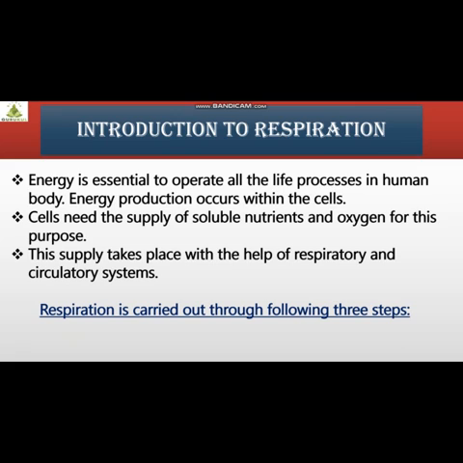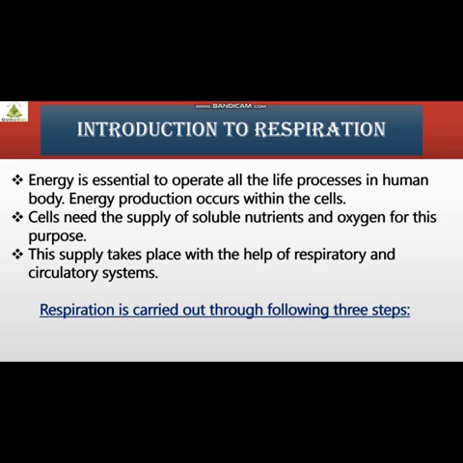Cells need the supply of soluble nutrients and oxygen for this purpose. For the cells to carry out this energy production, what materials do they need? They need soluble nutrients and oxygen. Now, from where do they get these materials? Students, this supply takes place with the help of the respiratory and circulatory systems.